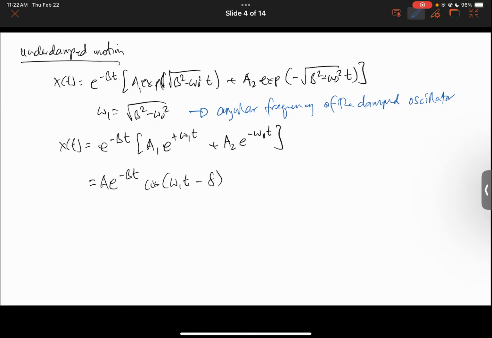But for example, the shock absorbers of vehicles, when you are at the back of a bus, you will notice that it just takes 1 or 2 seconds until the oscillations disappear. Those are the cases that we consider in underdamped motion. In that case, we can assume an angular frequency of omega 1 for those types of oscillation.